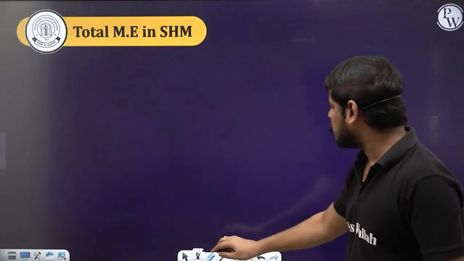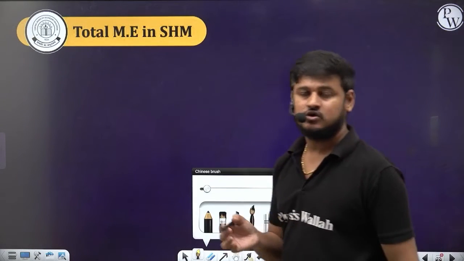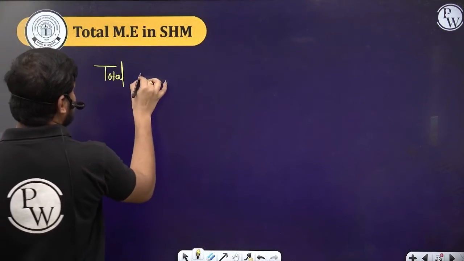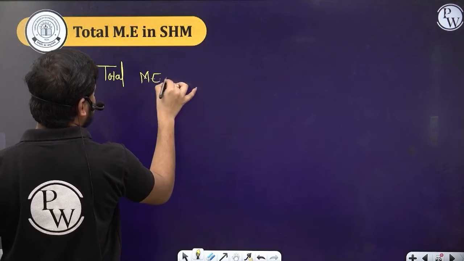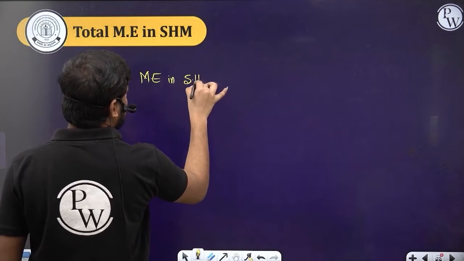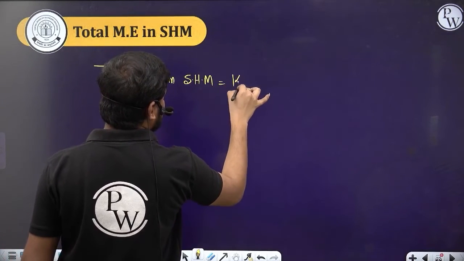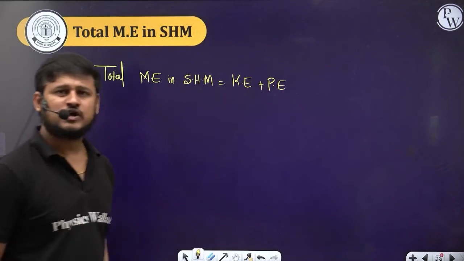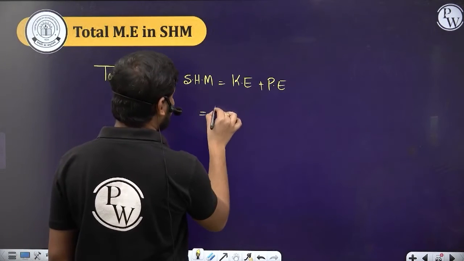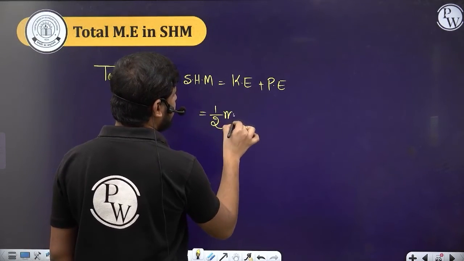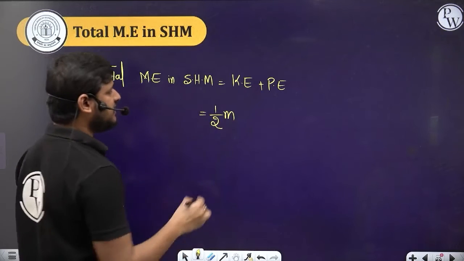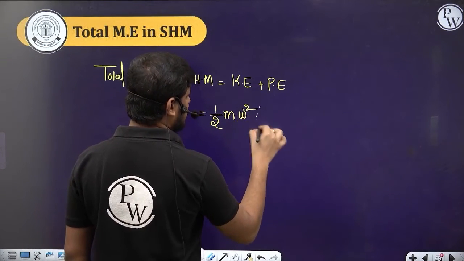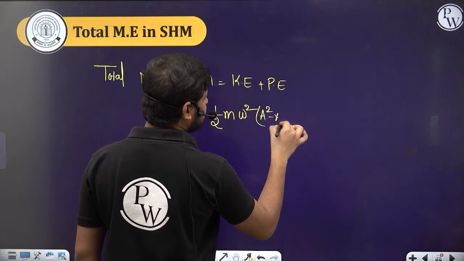So then what is the total mechanical energy in S.H.M? The total mechanical energy in S.H.M is equal to the summation of total kinetic energy plus total potential energy. Okay, write the basic equation. Half m v square, and in place of v square we write omega square into a square minus x square.